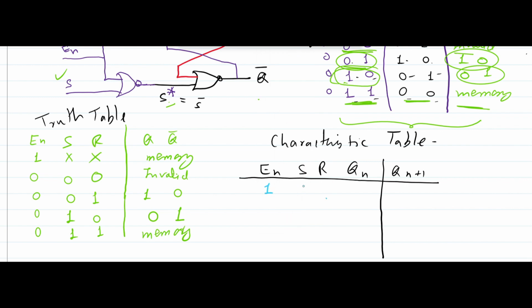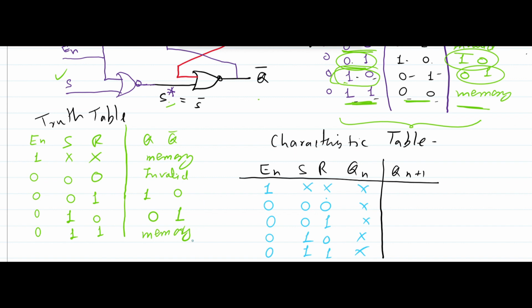When En is 1, I don't care about S, R and Qn. Let me first fill this. And then when En is 0, the first entry should be 0 0. So 0 0, 0 1, 1 0, 1 1, and here Qn will always be don't care.